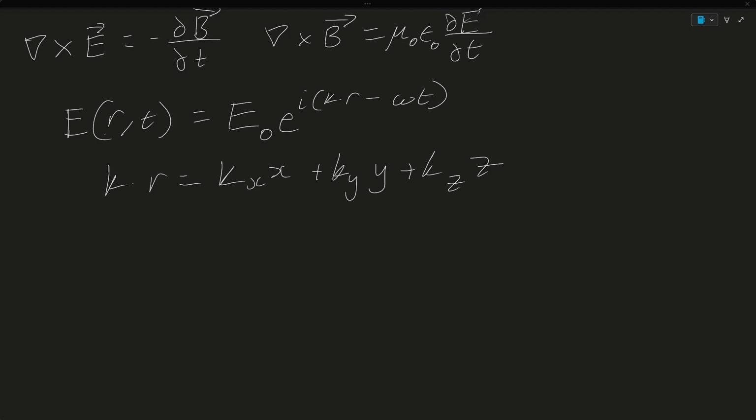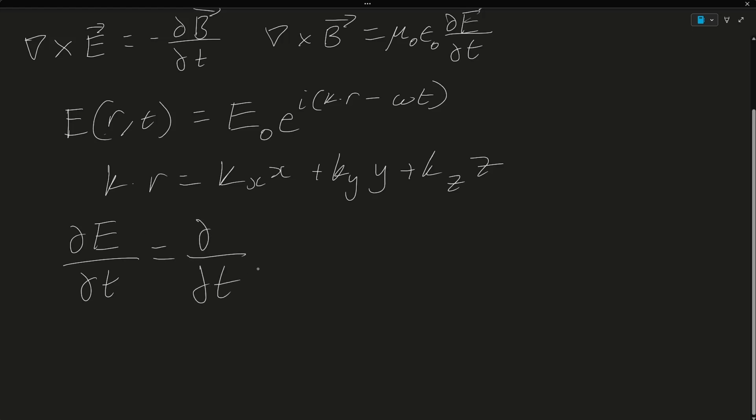The first thing we're going to do is apply the time derivative to the electric field E. So the derivative of E is the derivative of this function, E0.